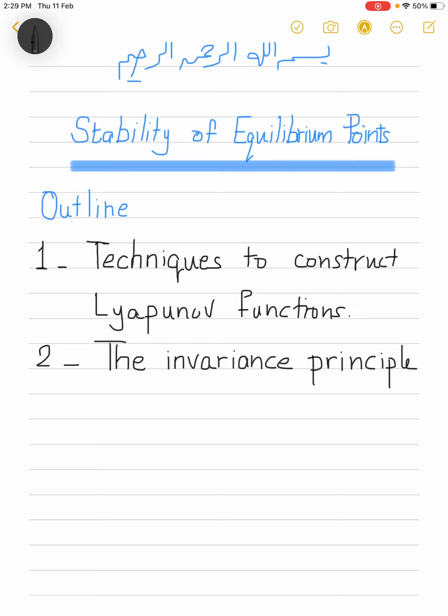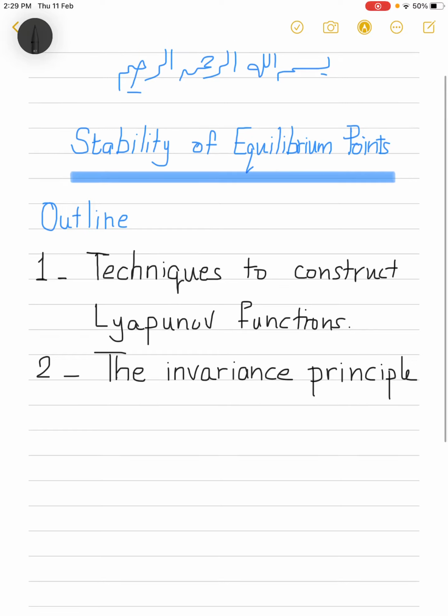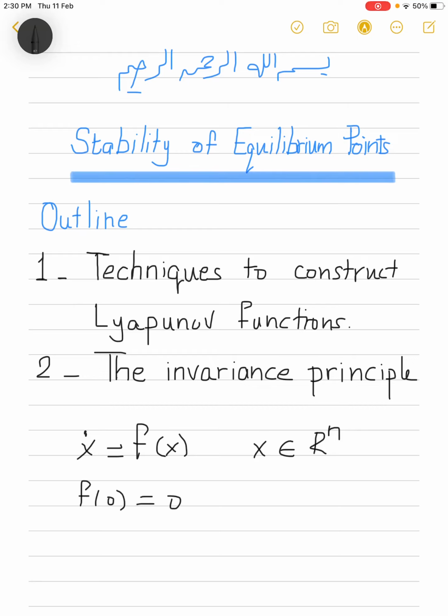So we are assuming that we have an autonomous system, x dot equals f of x, where x belongs to a real space of dimension n. Of course, we typically assume f to be locally Lipschitz over a domain D, and we assume that the equilibrium point is at the origin, that is at 0.